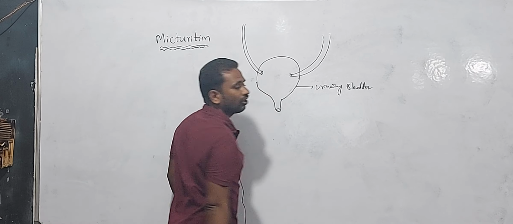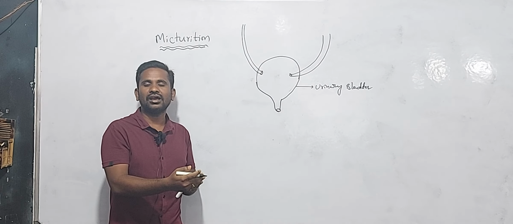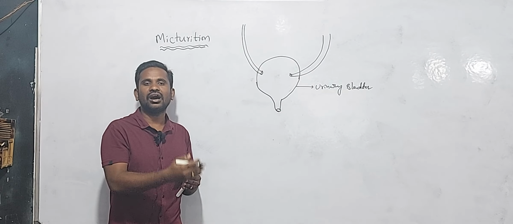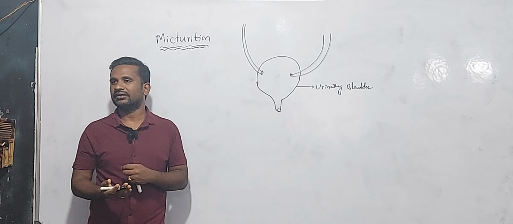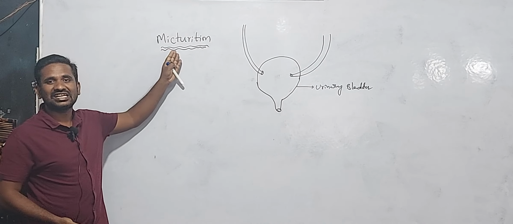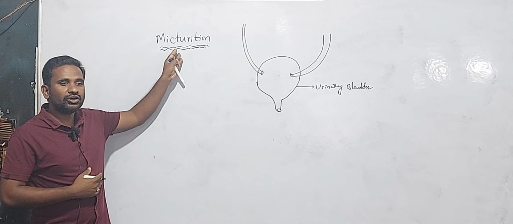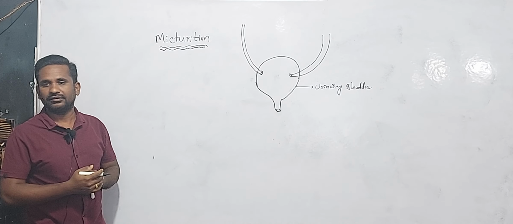Now, if it is filled with urine, after that we must eliminate or pass it out from our body. It means you must micturate. You must micturate the urine from your urinary bladder.